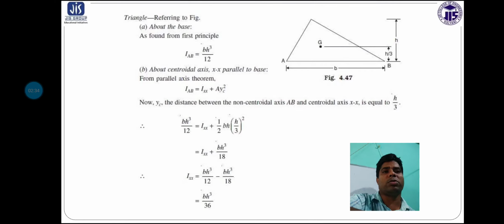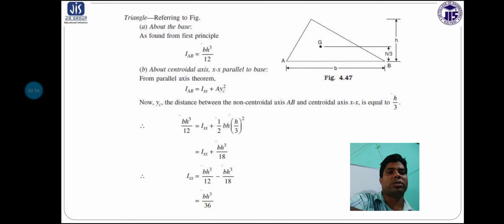Now about the centroidal axis XX parallel to the base, IAB is equal to IXX plus A into YC squared. Here YC is the distance between the non-centroidal axis AB and the centroidal axis XX, which is equal to h by 3.